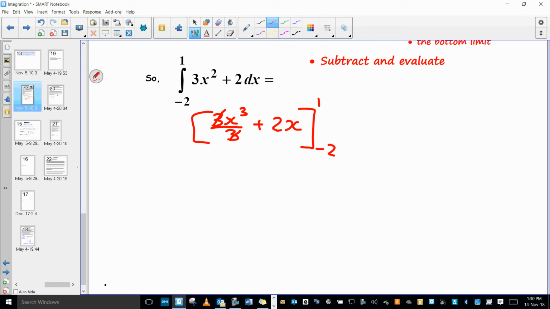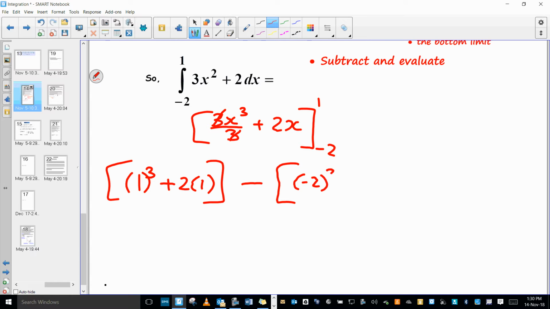Alright, we're now going to substitute the value of 1 in there, so we're going to have 1 cubed plus 2 lots of 1. And then I'm going to subtract negative 2 cubed plus 2 lots of negative 2.